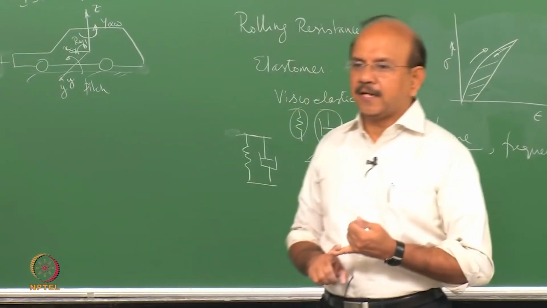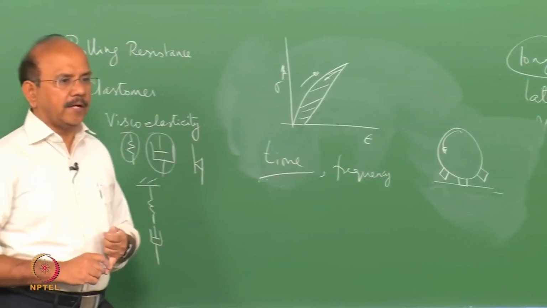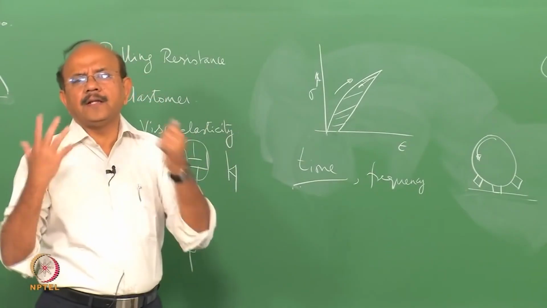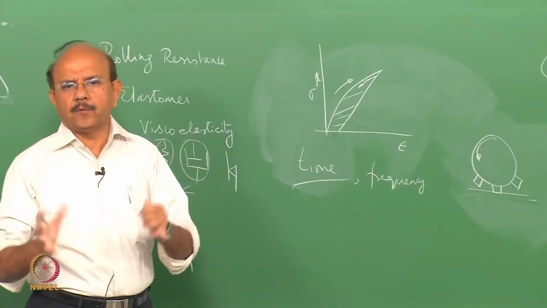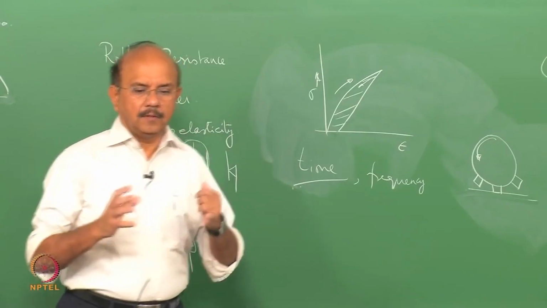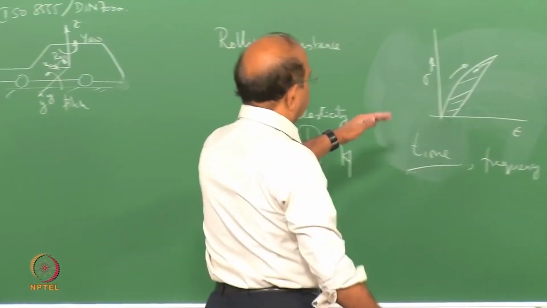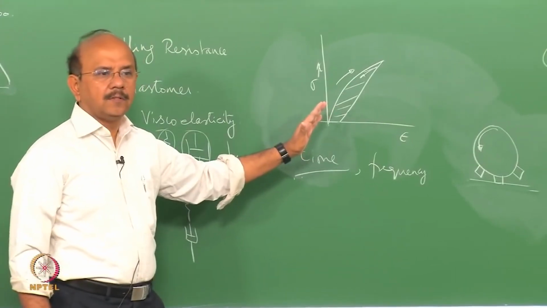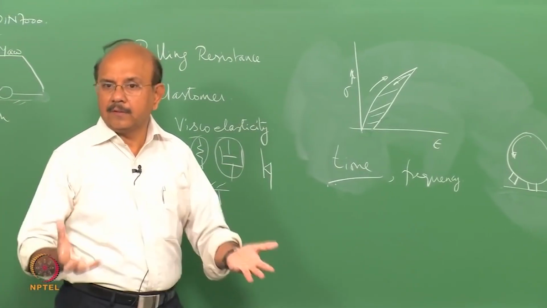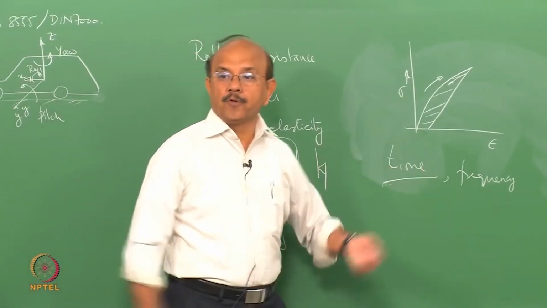So, the first thing is that because of the material of the tire, there are a lot of advantages. Let us not talk about why rubber, because there are a lot of advantages, we will see that. So, because of the material with which this tire is made, we have a hysteresis loss, and the loss has to be compensated by the engine ultimately, and so this opposes the motion.